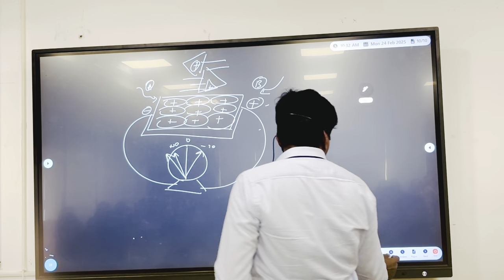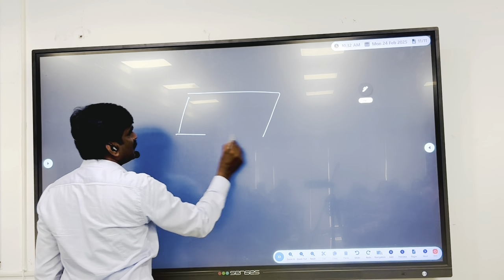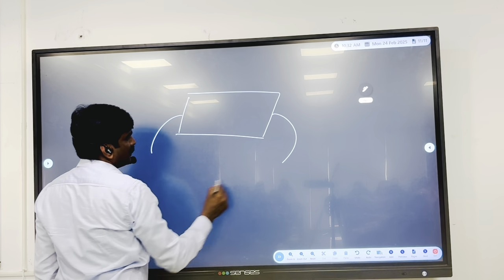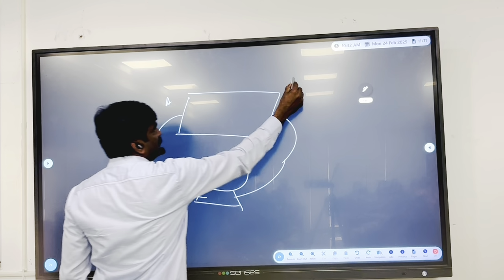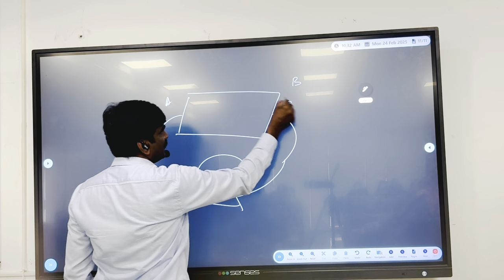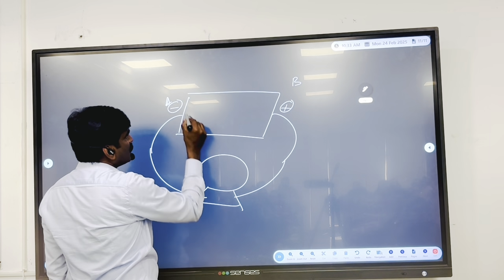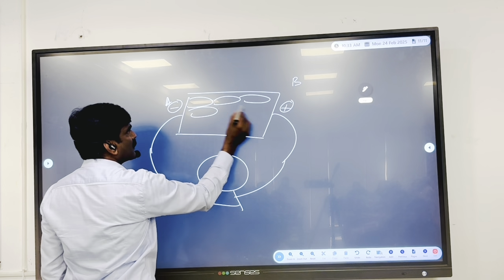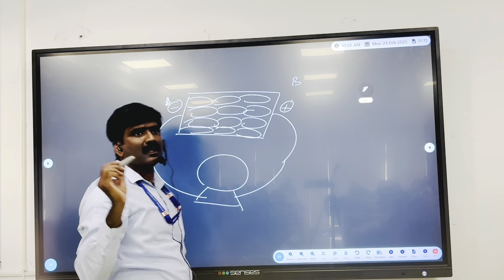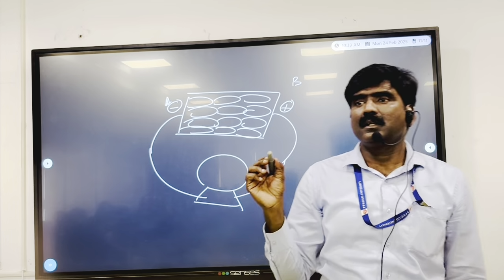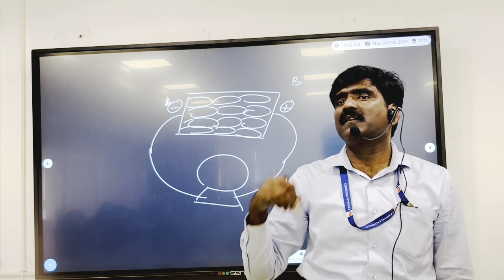Right. Now coming to the last principle. This is A, B, positive, negative. In the myocardial cell, one thing you should remember: the cell which is depolarized last will repolarize first.